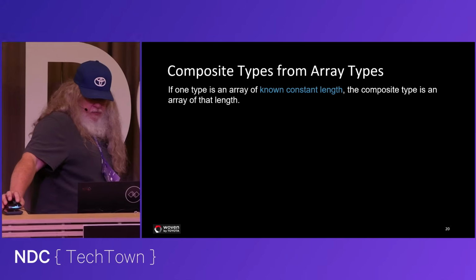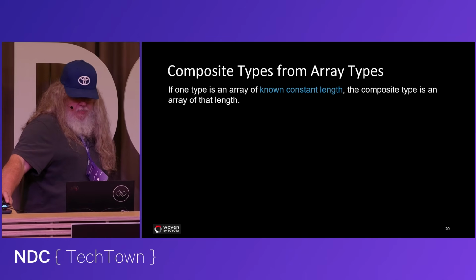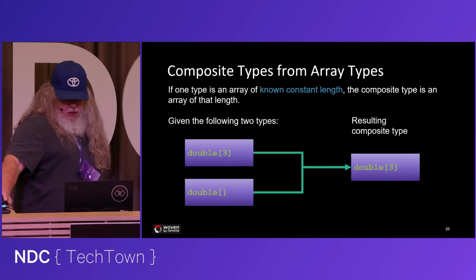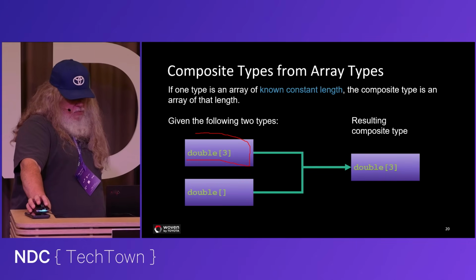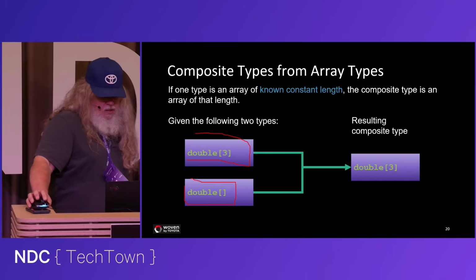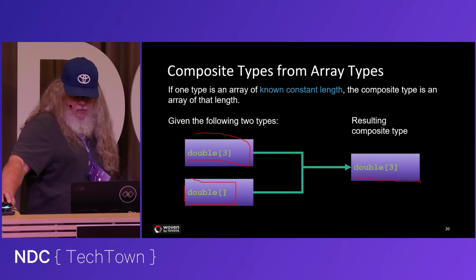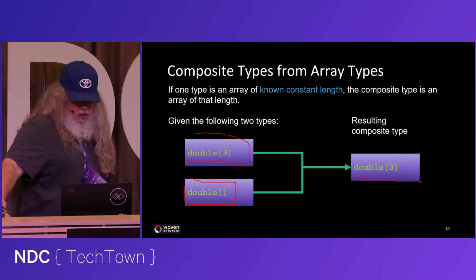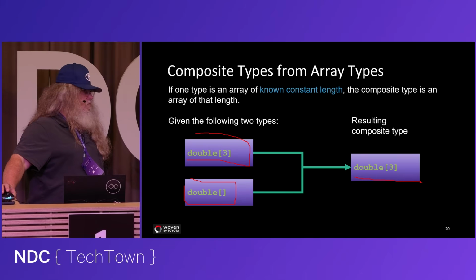So if we have a type that's an array of known constant length, the composite type is an array of that length. That's quite simple. So here we've got an array of 3 elements of type double, and here we've got an array of unknown length. So the composite type here is the array of known constant length of length 3. And this is great as long as this is actually an array of 3.